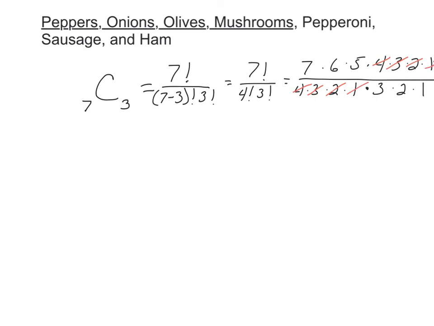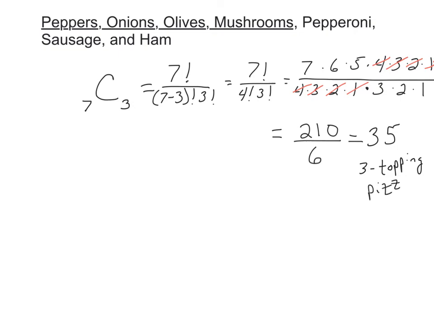And that will leave me with 7 times 6 times 5, which is 210, over 3 times 2 times 1, which is 6. And this reduces to 35 three-topping pizzas. Combination.